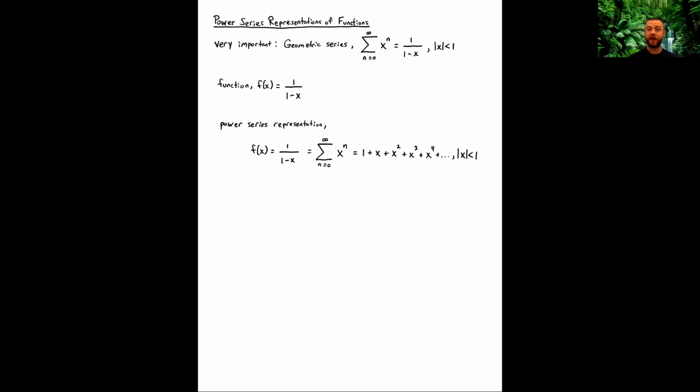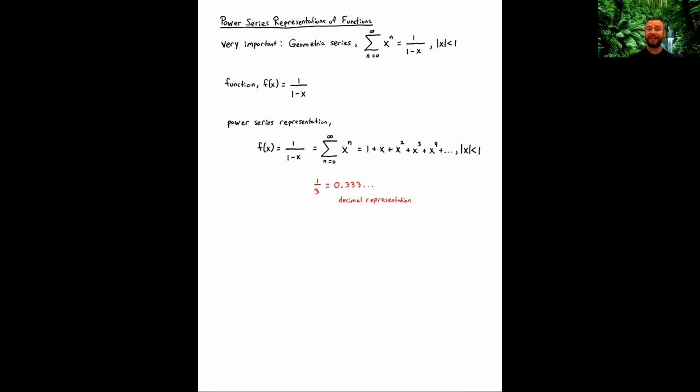Then we have this very simple power series representation, x to the n, where the coefficient c sub n equals 1 for all values of n. Now keep in mind, we're only able to apply this power series representation if the absolute value of x is less than 1. Equivalently, this is only valid for values of x strictly between -1 and +1.